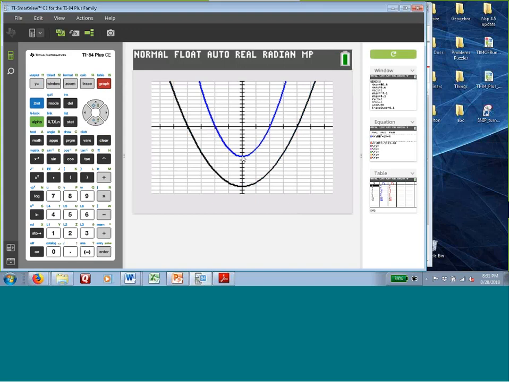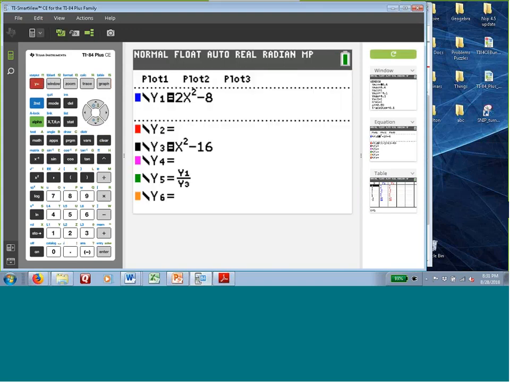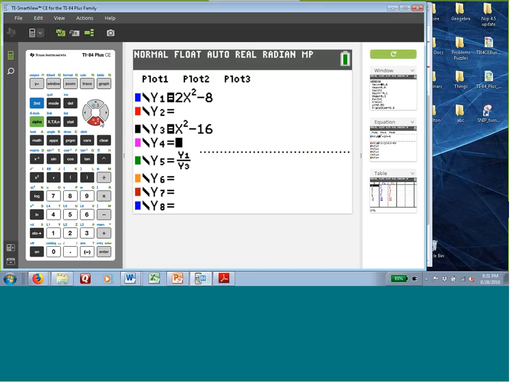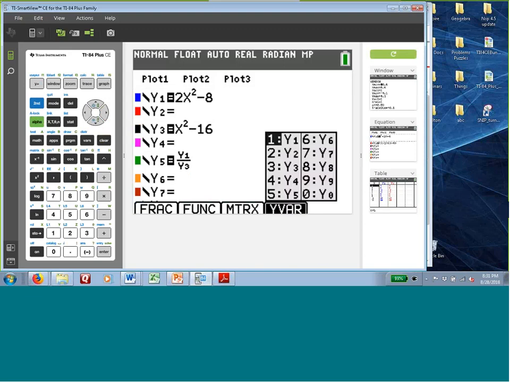I would ask students to pay attention to where they cross the x-axis, where they cross the y-axis. And if I want to view them as a quotient, I can put in the y1 and the y3. I accessed those from alpha trace. It's another shortcut. Alpha trace gives you the y variables, so you can enter those into your function y equals.